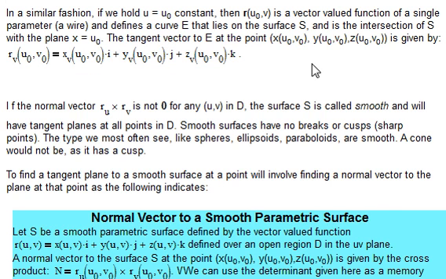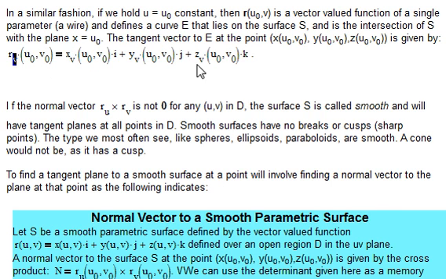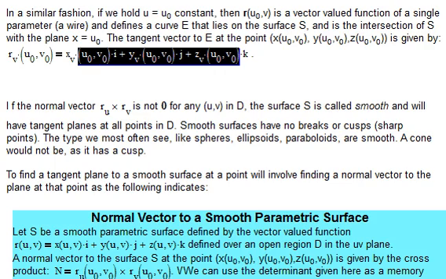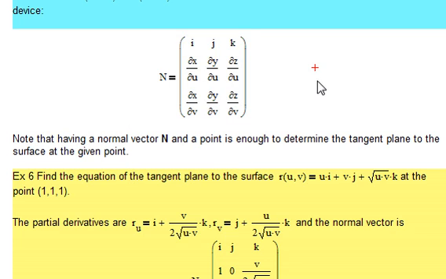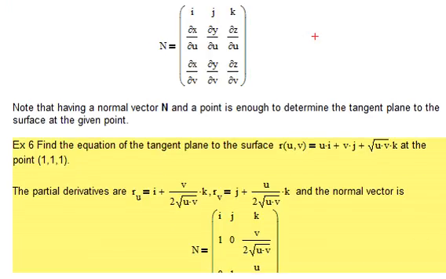Remember, we showed you how to find all those things. And so that is the normal vector. Now once we get the normal vector and a point, then we can easily determine the tangent plane. So here's an example of one of those. Now I'll do the example in the next video.